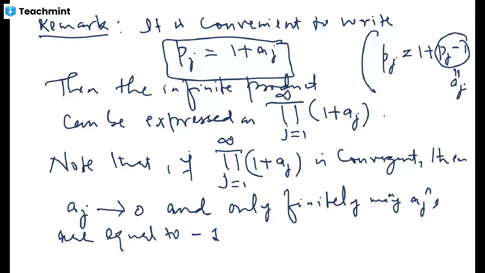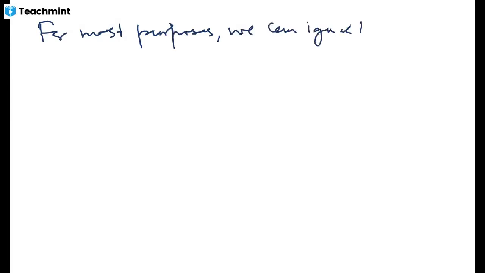But another thing that we have to keep in mind is that for most purposes we can ignore the terms for which 1 plus aj is equal to 0, because that's a thing that will always trouble you, and that will give the value of the product to be 0.